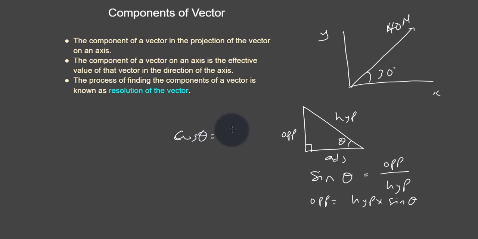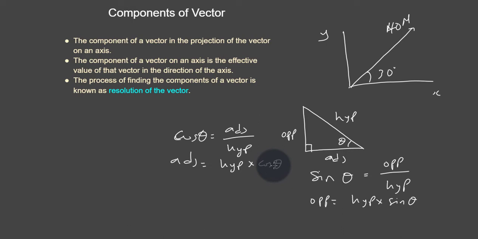Cos theta is adjacent divided by hypotenuse. So let's say you are asked to compute the adjacent. The adjacent will be the hypotenuse times cos theta. So these are the two formulas you have to take note of. Very, very important.